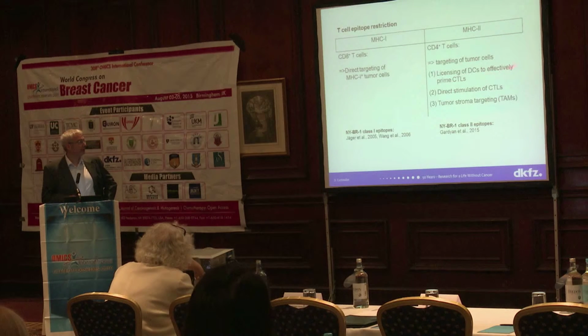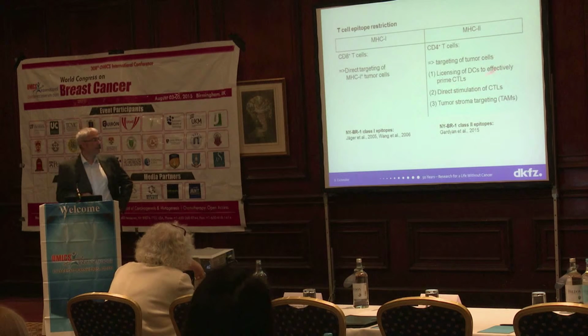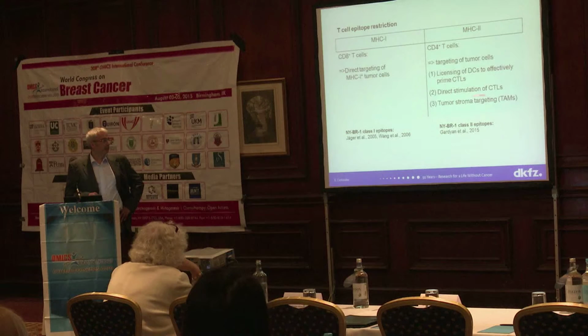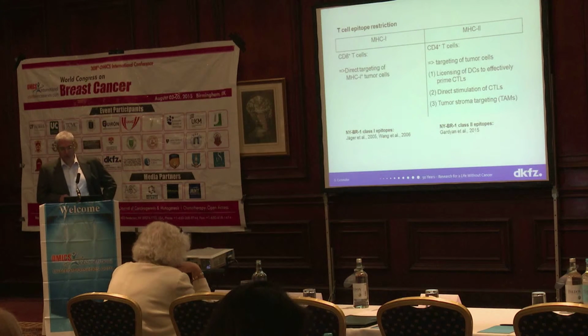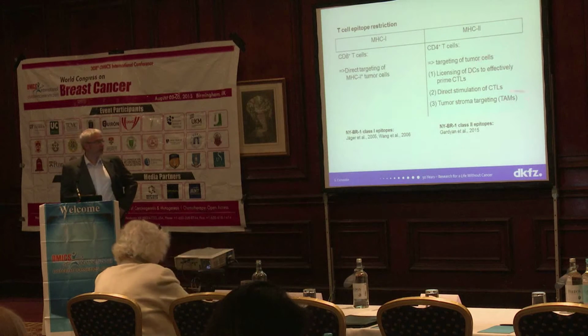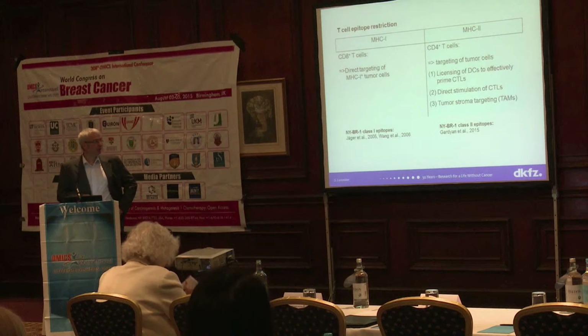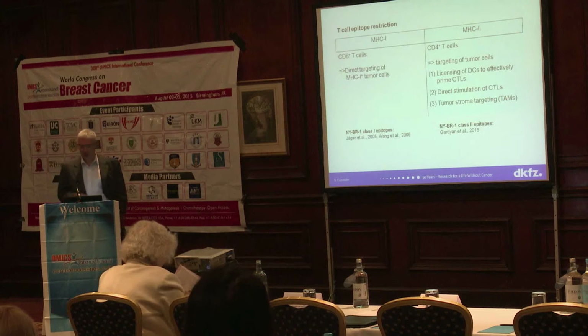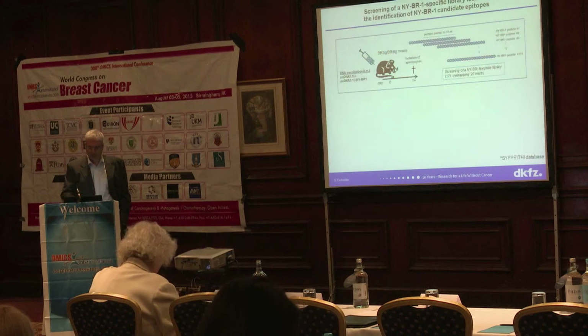This is, on one hand, the licensing of DCs to effectively prime CTLs. There's a direct stimulation of CTLs, and there's also a new area coming up with tumor-associated macrophages, which are part of the tumor stroma, and targeting of these cells may also be beneficial for an immune response.